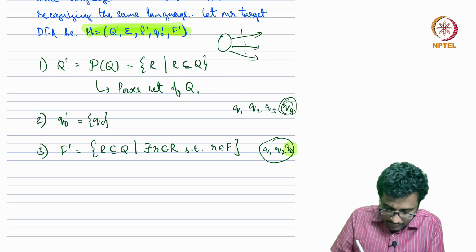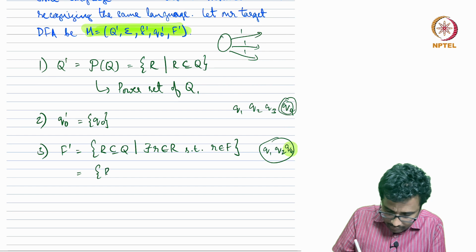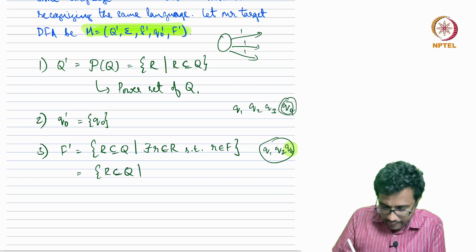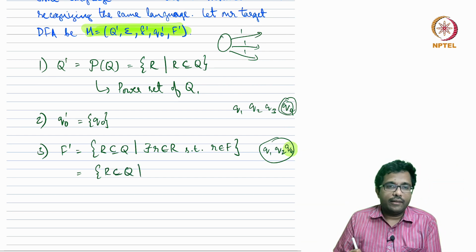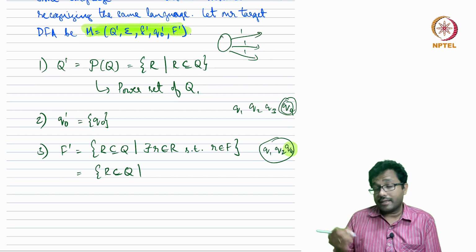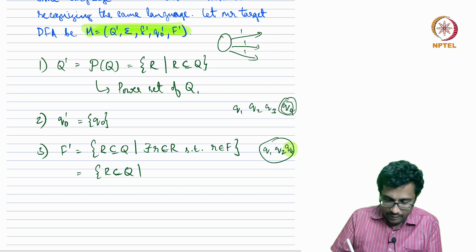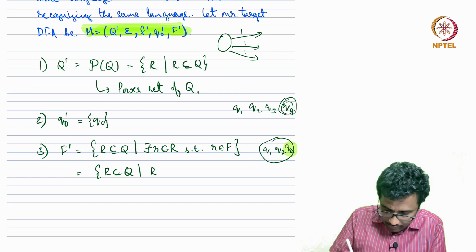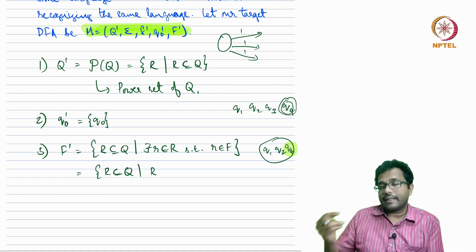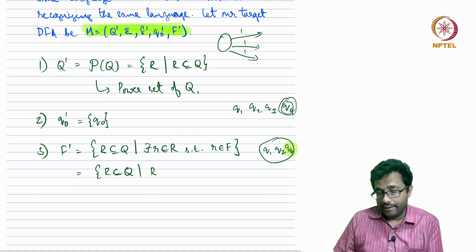Another way to say the same thing is, R is an accepting state of the DFA if R is a subset of the states of the NFA and we are saying that R contains an accepting state of the NFA.